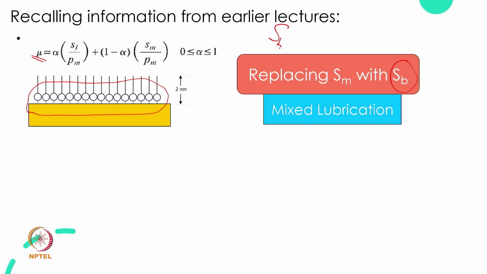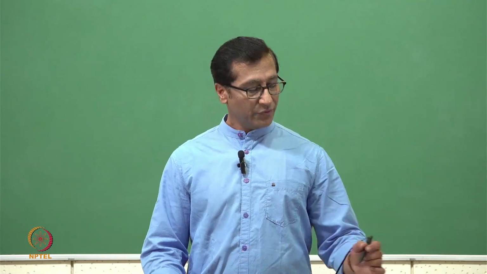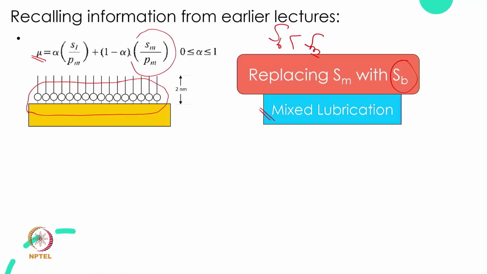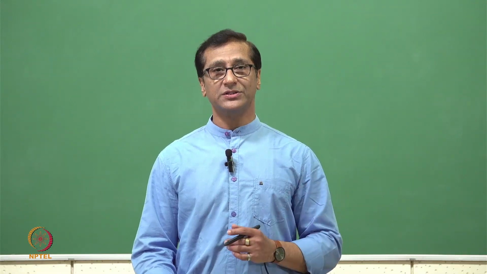Again, S_B is far lesser than S_M. That will be called mixed lubrication: wherever there is an asperity, we will have a boundary layer, and wherever there is no asperity, there will be a liquid lubricant layer. It is a mixture of these two, and the coefficient of friction will come down significantly. That is the very intention behind this.